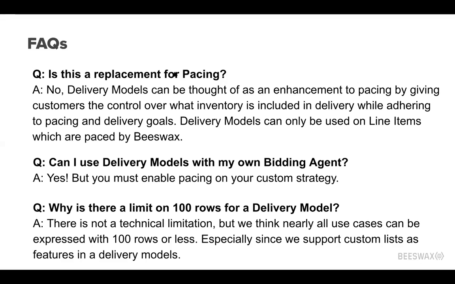You want to do it on less granular things. And since we support things like custom lists, where you can create lists of deal IDs and domains and apps and zip codes, et cetera, we think you'll be able to express a delivery model with 100 rows or less, but certainly open to feedback on that as you all use the feature.